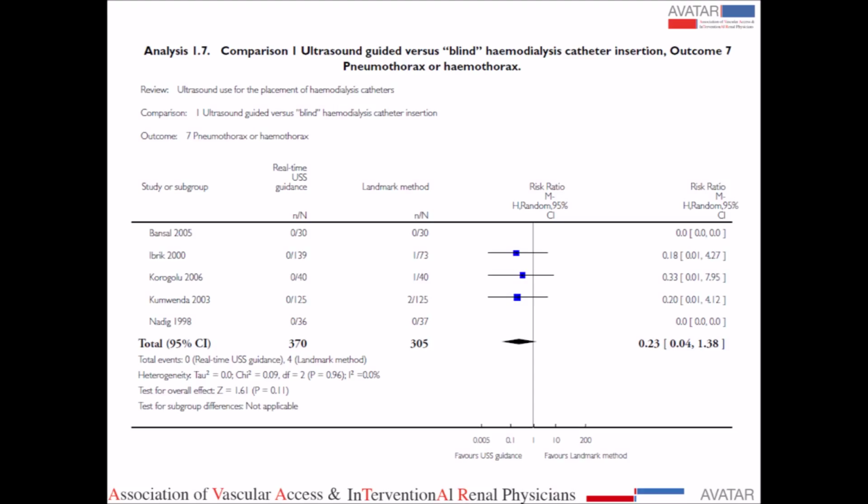This is on the basis of randomized trials and this meta-analysis, which has forced all the guidelines to include ultrasound guided insertion as a mandatory requirement for putting these catheters. What I have not projected here is that the time required to insert this catheter is also around 1.5 minutes less with ultrasound guided insertion as compared to blind insertion.